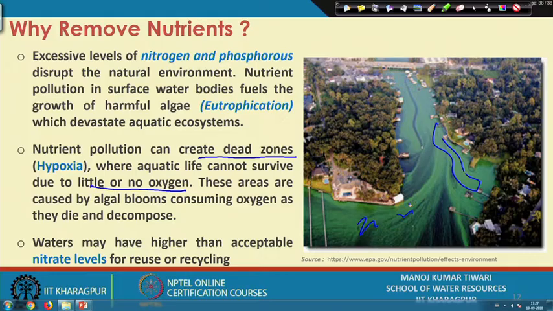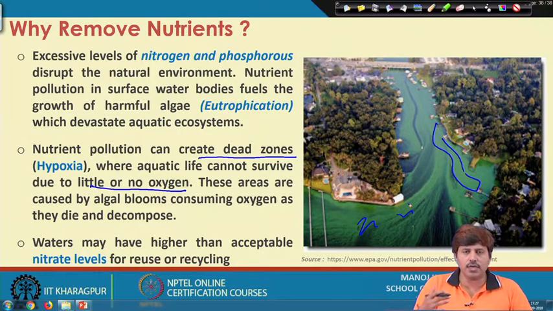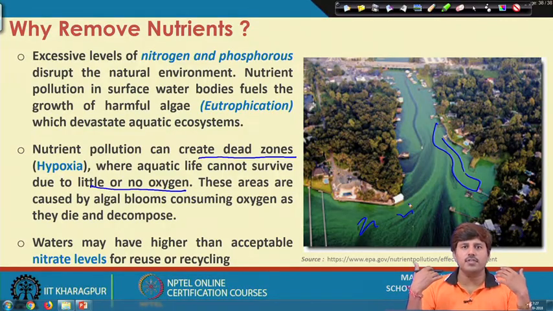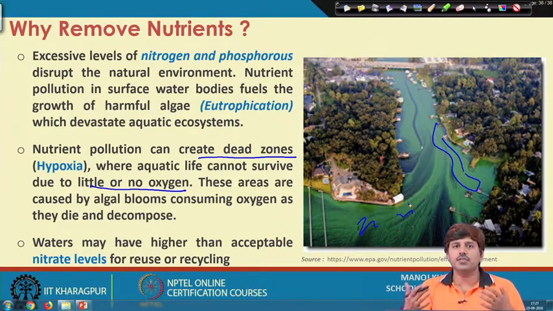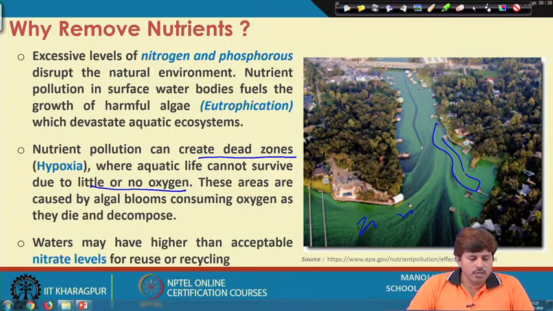So the rate at which oxygen transfers to the lower portion of the water body also gets quite slow, and as a result not enough oxygen goes into the water, and whatever is available is consumed by the algae. That is why we get very little DO or almost no oxygen in the water covered by the green top. That can create the dead zone, which is called hypoxia, and aquatic life cannot survive there.